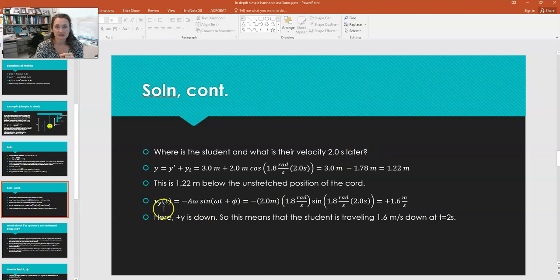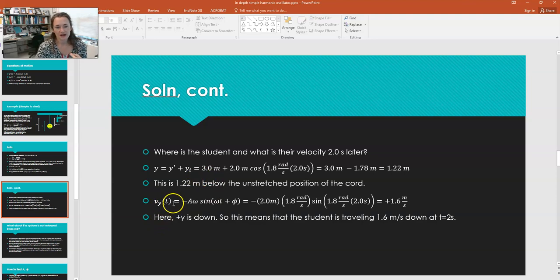Now, what's their velocity? Remember that to get the velocity, you take the time derivative of the position. So Vy of t is minus a omega sine of omega t plus phi. You're not going to have any additive constants here because you're taking a derivative. The yi part does not contribute because the time derivative of yi is 0, since it's a constant.